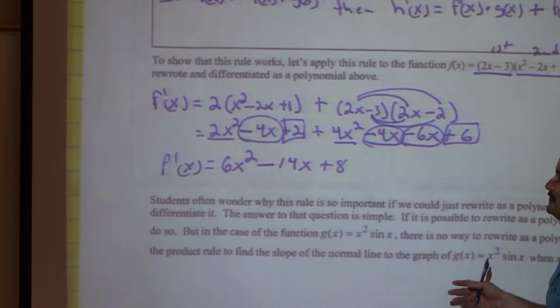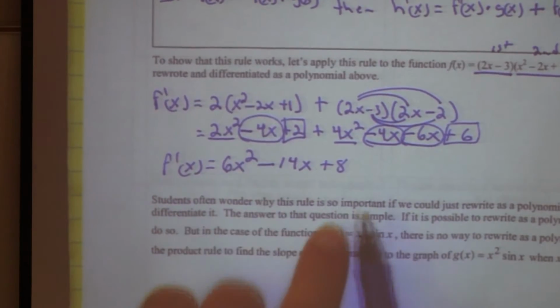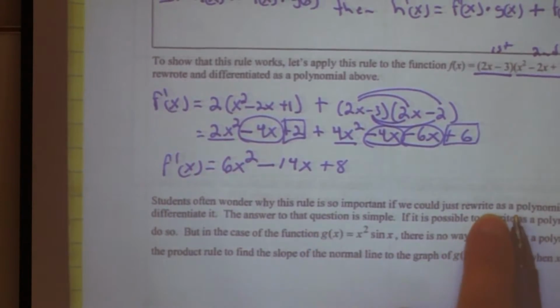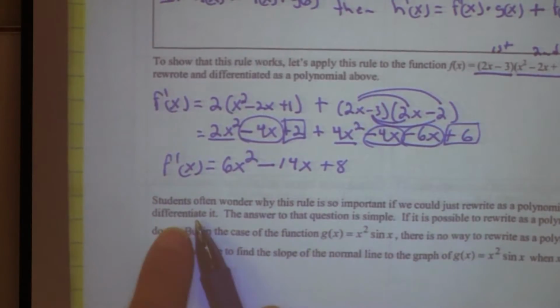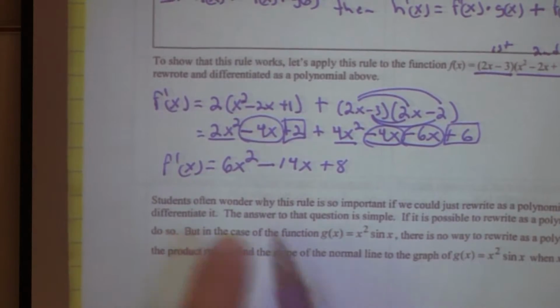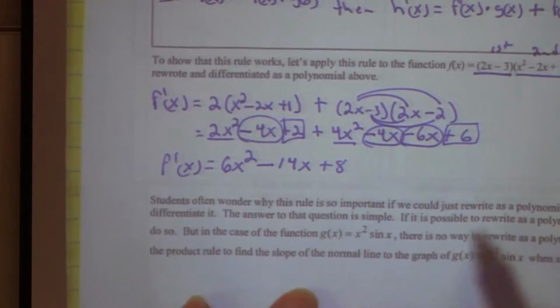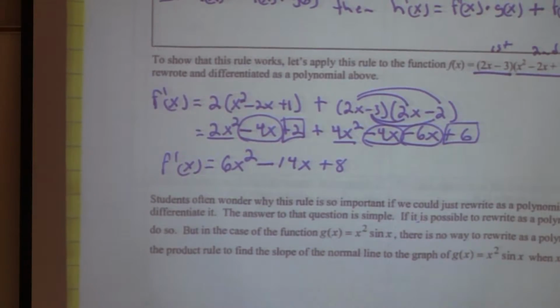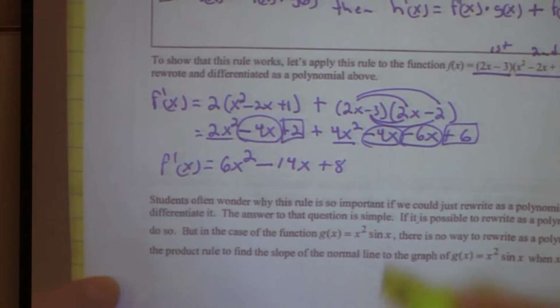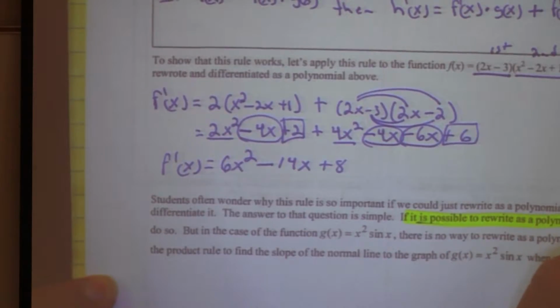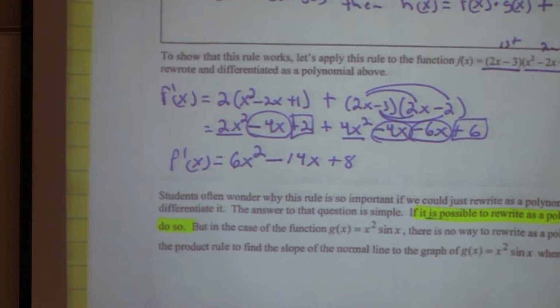If you're not, then perform the product rule. Okay? So that's what it's saying right here. Students often wonder why this rule is so important if we could just rewrite it as a polynomial and easily differentiate it. So the answer to that question is simple. If it's possible, right? So highlight that. If it's possible to rewrite, always do it.